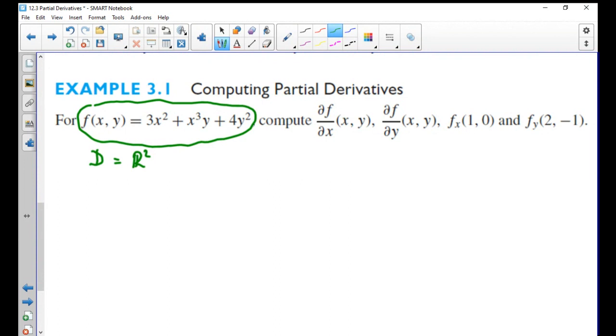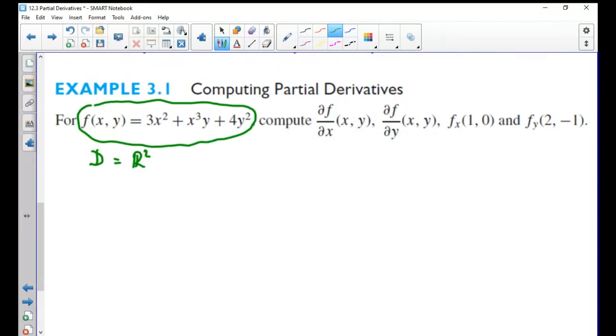Do you understand how this is different from saying the domain is all real numbers? All real numbers, if you have only one variable. With 2 variables, you need to talk about the plane. Maybe it's a circle, maybe it's inside the circle, outside, but it has to be in the plane.